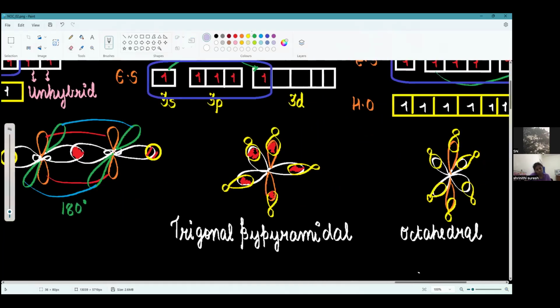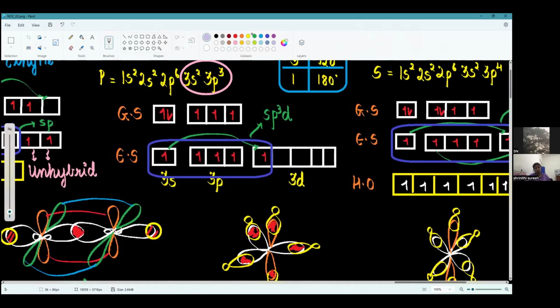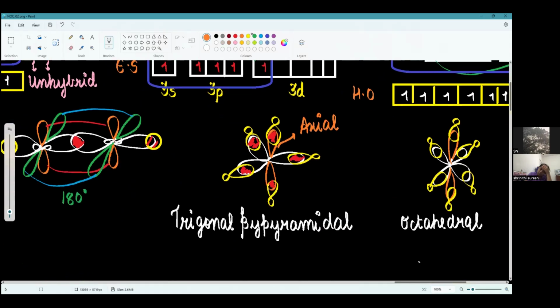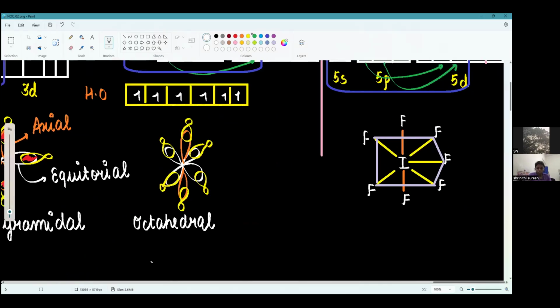PCl5 में बताया था ना मैंने. ये रहा, ये जो ऑरेंज कलर का बॉन्ड होता है, they are axial bonds, whereas जो व्हाइट कलर के बॉन्ड हैं, ये व्हाइट कलर वाले ऑर्बिटल्स हैं, they are equatorial bonds. ठीक है, तो ये आपको पता होना चाहिए.